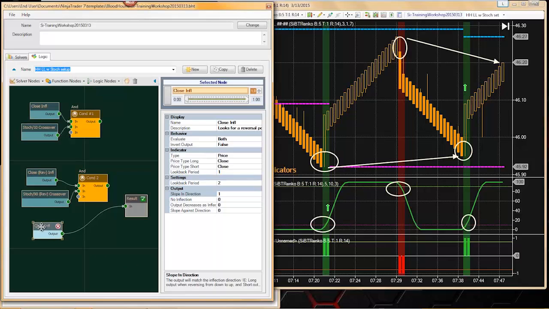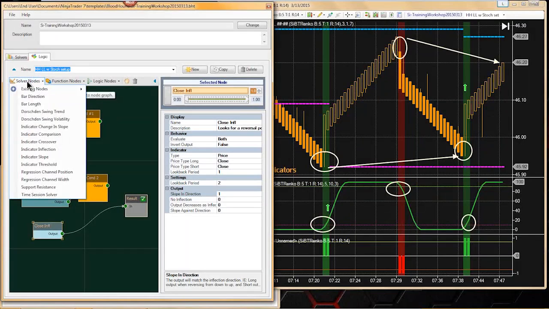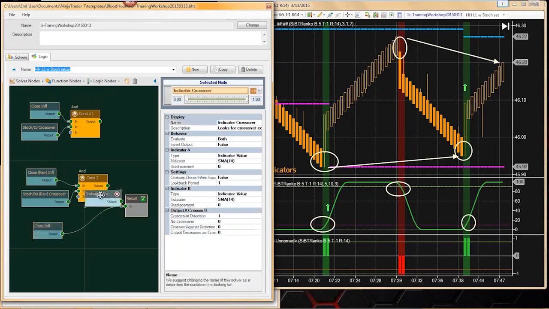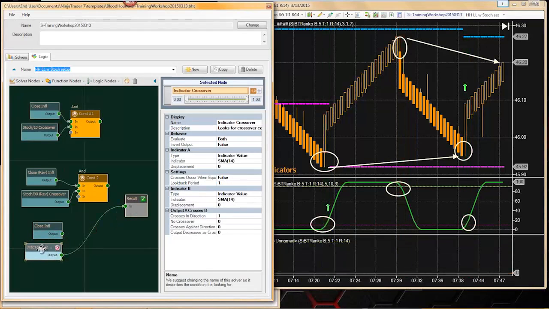All right, so great. So there's a standard inflection solver giving us a short output, and let me build another crossover here. So I'm going to build a Stochastics 90 crossover.